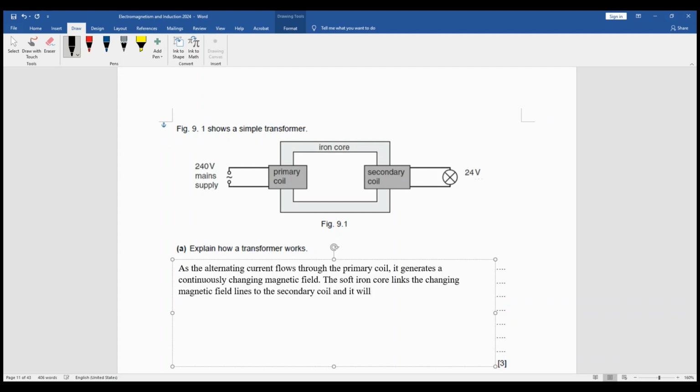And it will experience a changing magnetic flux linkage according to Faraday's law of electromagnetic induction.